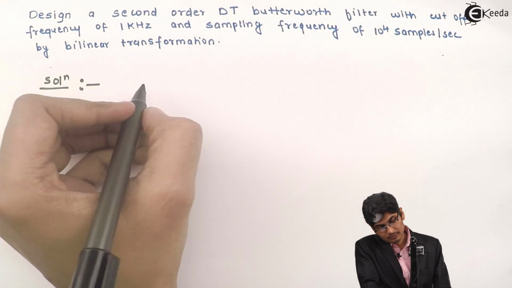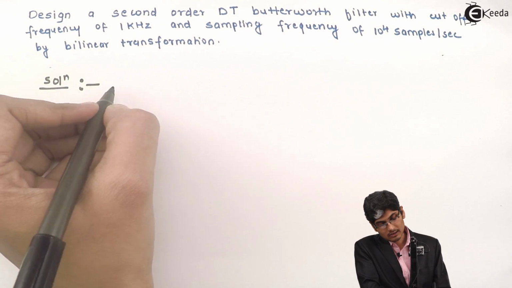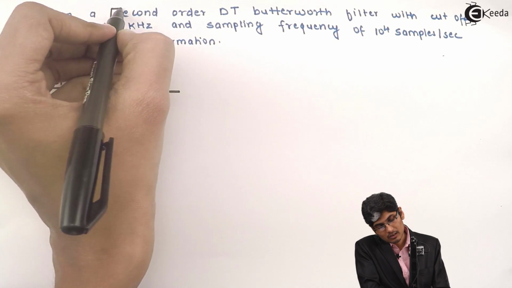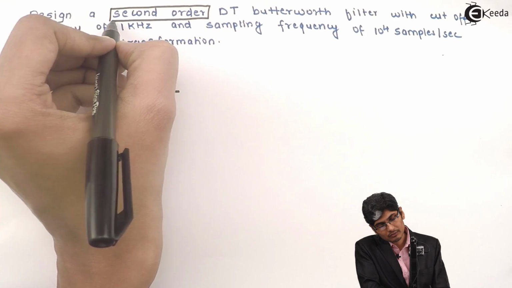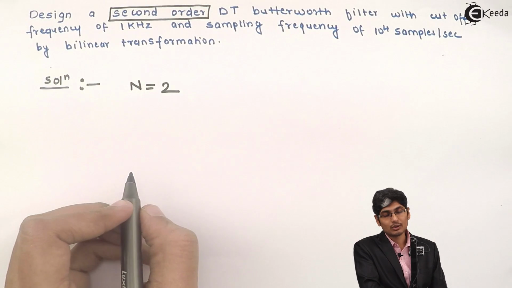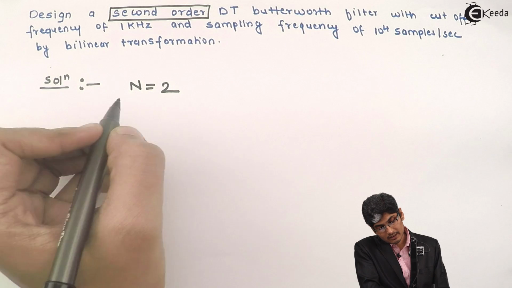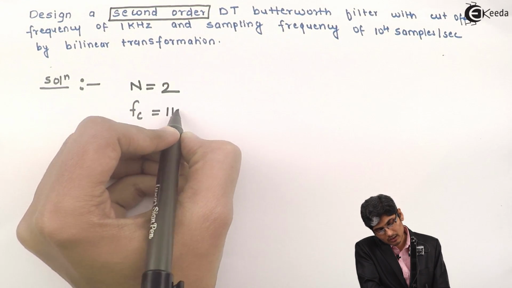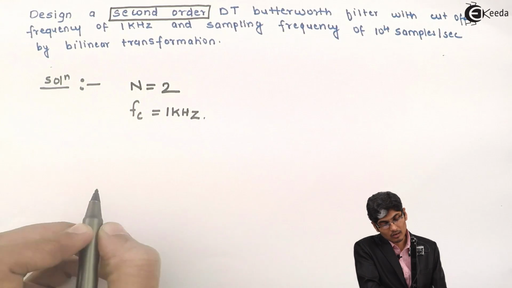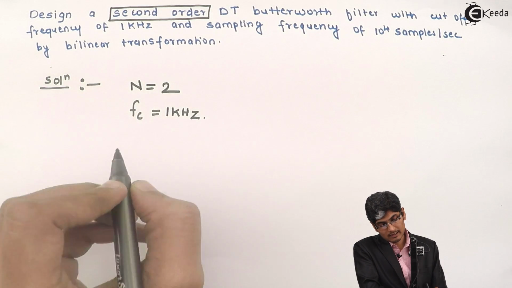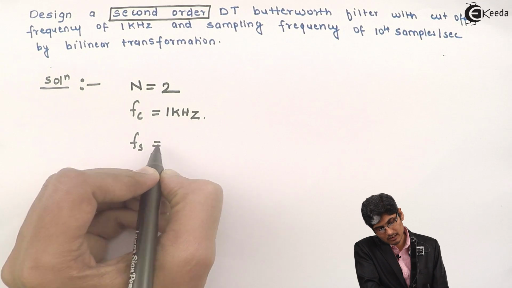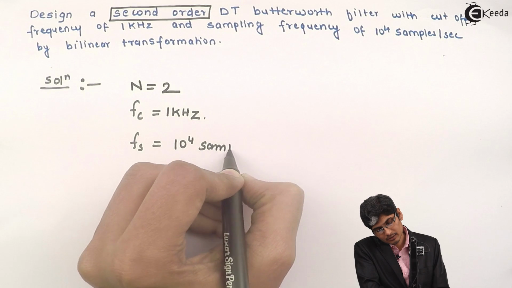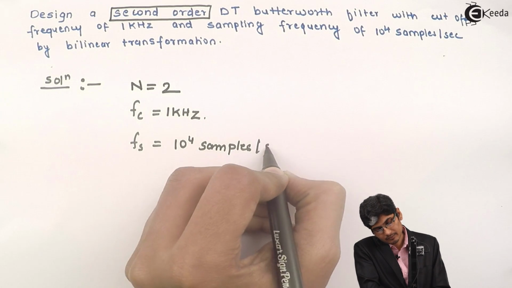To start with, the order of the filter is given as 2 because they mentioned that it's a second order filter. So n is equal to 2. They are saying that the cutoff frequency, which is Fc, is 1 kilohertz. And they are also saying that the sampling frequency fs is 10 raised to 4 samples per second.